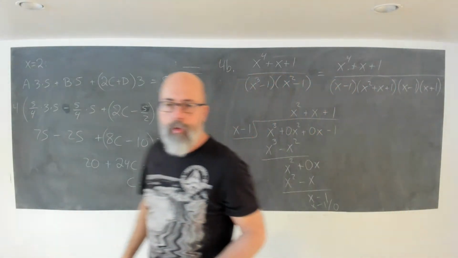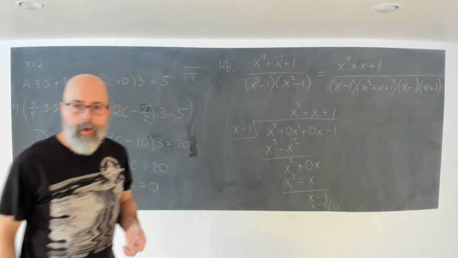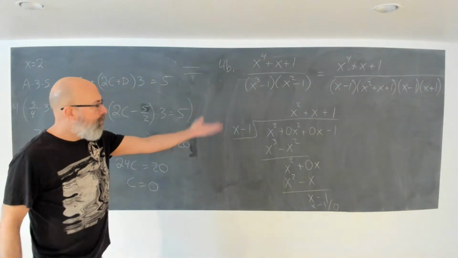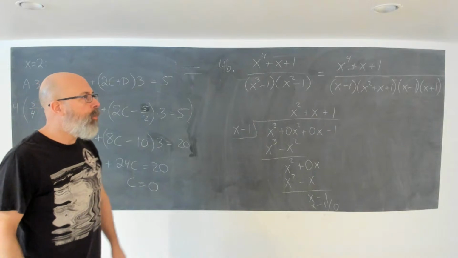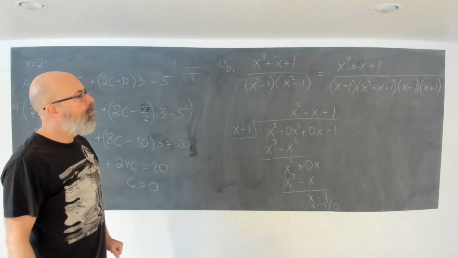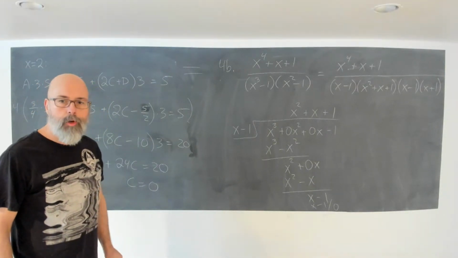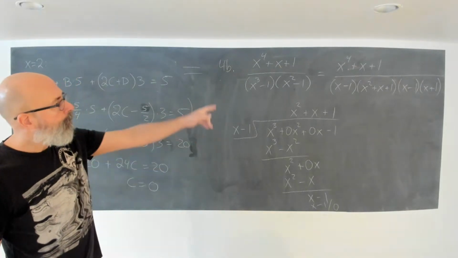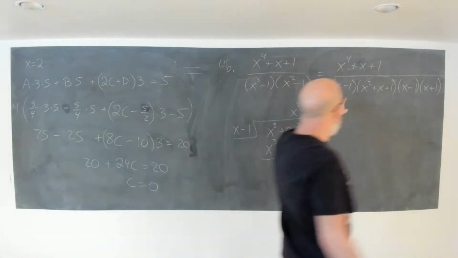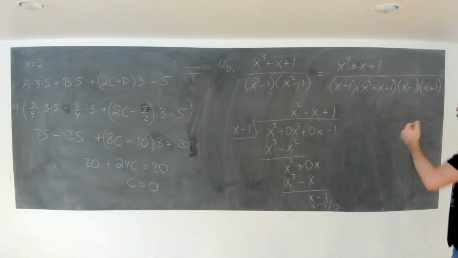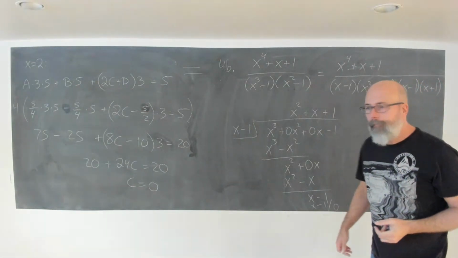It is a difference of cubes, but nobody knows what that is. So we took a moment to factor it using long division. These three are polynomials of degree 1, so these are irreducible.